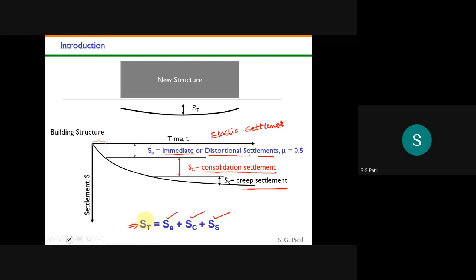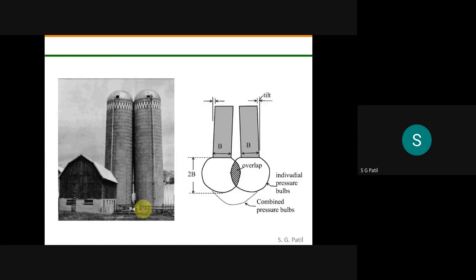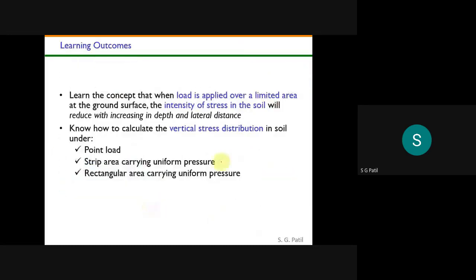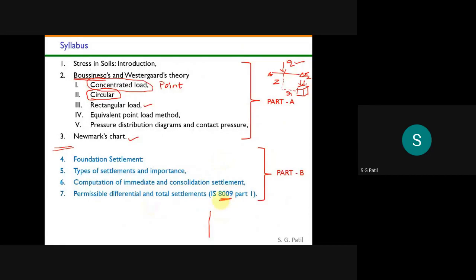This total settlement should be within the permissible limit. What is that permissible limit? We will see in the coming classes. There is IS 8009, where they provide, for different types of structures, the permissible settlement.